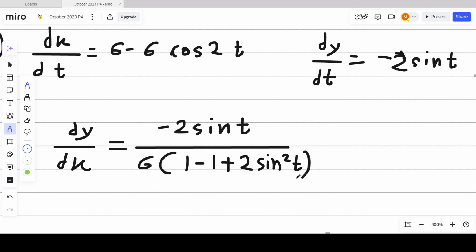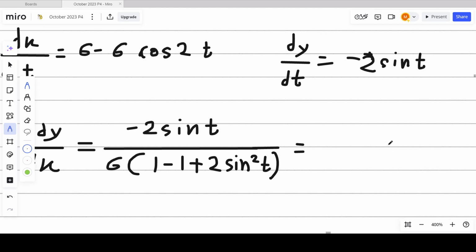You can understand why I am expanding it using the double angle formula: so that I have the same trigonometric ratio in the numerator and the denominator. In the denominator, 1 minus 1 is 0, so we get 6 times 2, that is 12 sine squared t, and the numerator is negative 2 sine t.